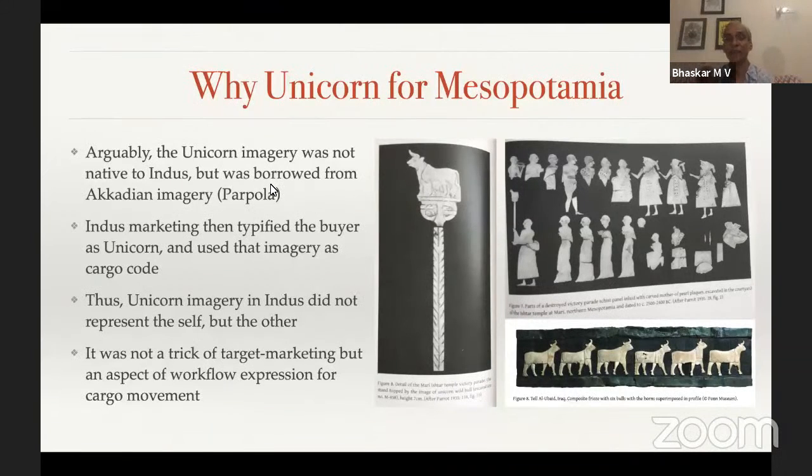But at the same time, putting the unicorn, because we are sending it to the Mesopotamians, is not a trick of target marketing or advertising, where, for instance, we see the consumer's picture prominently put in an advertisement so as to grab their attention. That is the oldest known trick in the book of advertising.